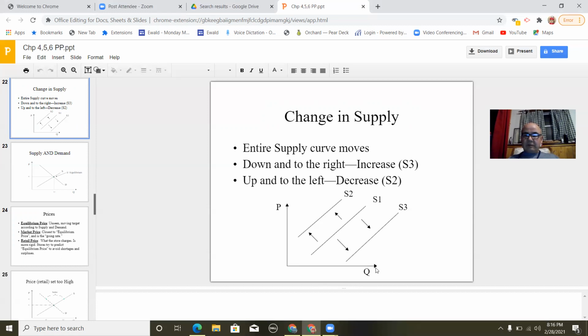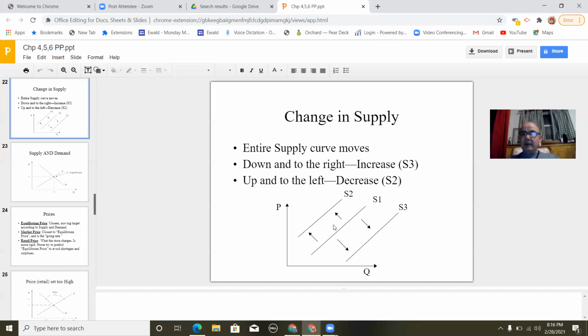If to the right on quantity is infinity out here, and to the left the axis is zero, moving to the left does sound logical, that would be a decrease in supply. But when you decrease the supply curve, it has an upward and up to the left movement. So you see this arrow here is going to confuse you.